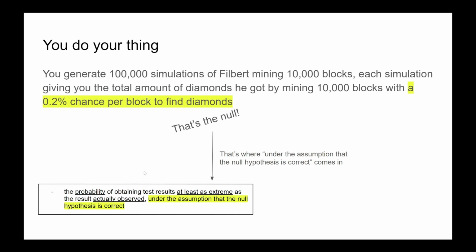That's what we mean when in the definition of the p-value we say under the assumption that the null hypothesis is correct. So what we're doing here is we're generating a bunch of simulations, all of them under the assumption that there is indeed a 0.2% chance per block to find diamonds. So yeah, we're just generating a bunch of simulations under the null hypothesis.